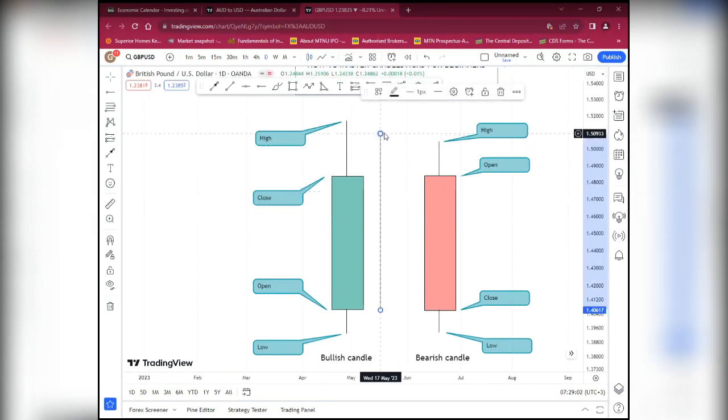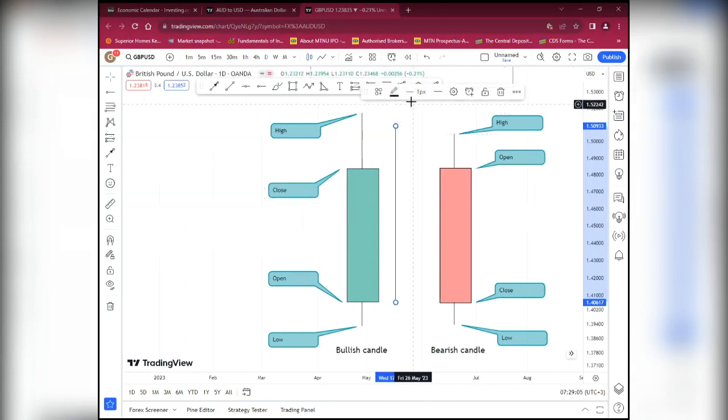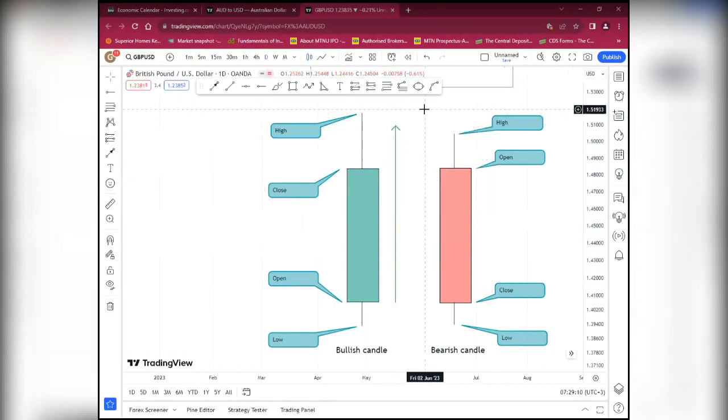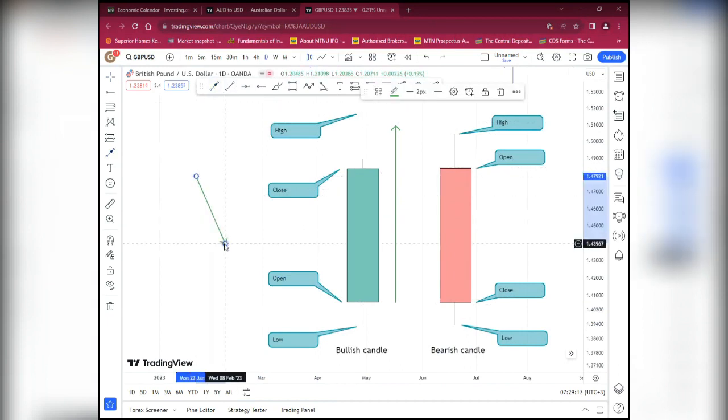So this is what I'm trying to explain to you guys. Let me do this in green. You guys can see, this is an uptrend. So these were the opening prices. Let me change this to black.